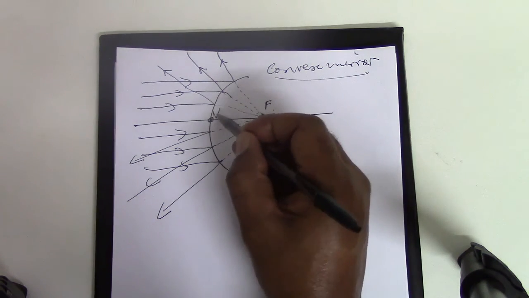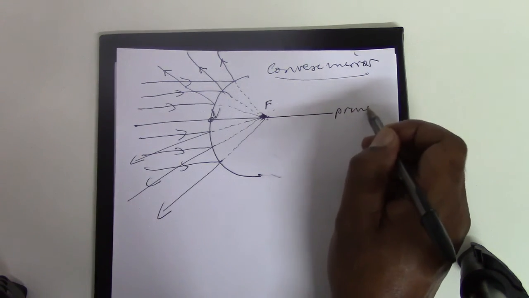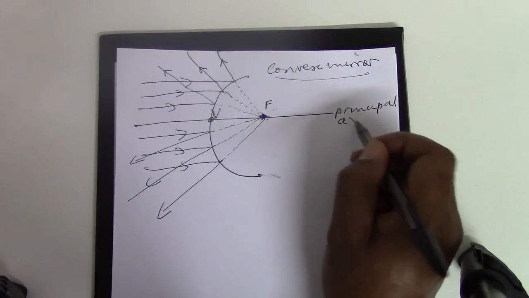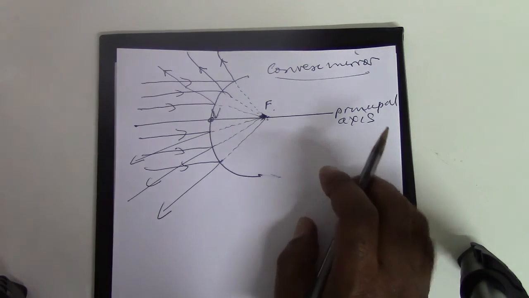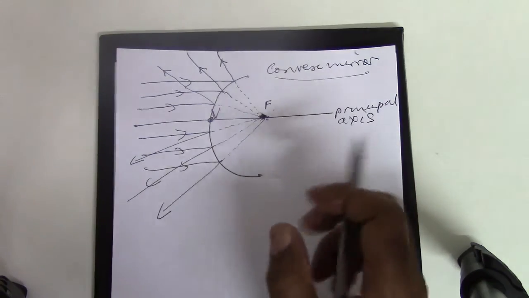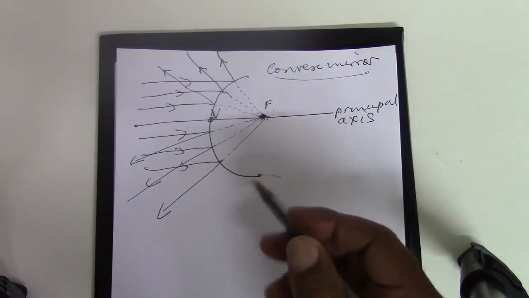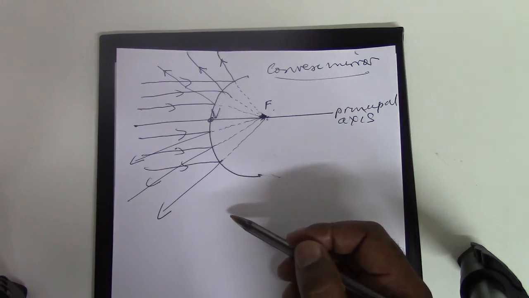Now, this is our vertex, this is our principal axis. Right. So basically, in terms of how light behaves when it strikes a concave and a convex mirror, this is what happens.